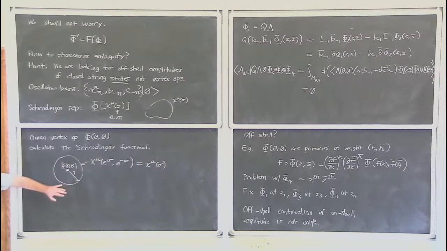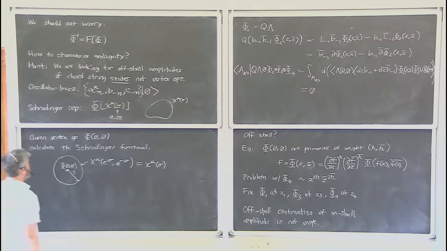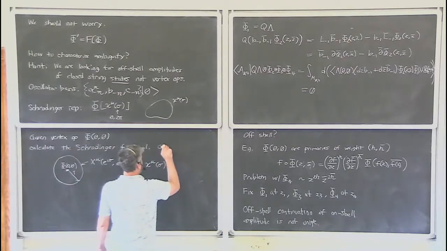So this worldsheet path integral with these boundary conditions defines some functional of this curve x mu of sigma, and this is the Schrodinger functional.